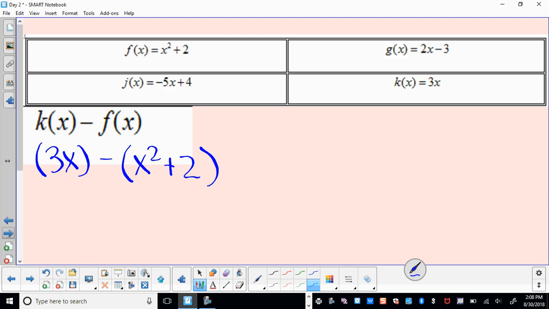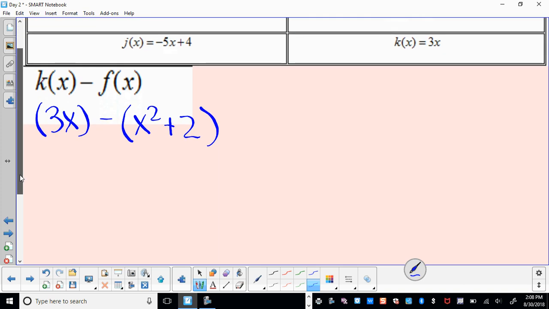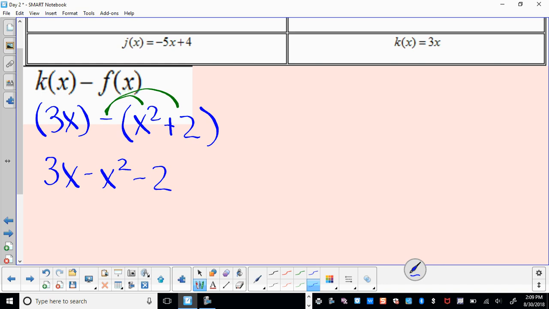I don't really have anything to combine. I'm going to distribute my negative twice so I can get rid of it. So we have 3x minus x squared minus 2. All I did was just try to get rid of the parentheses. So I distributed that negative.